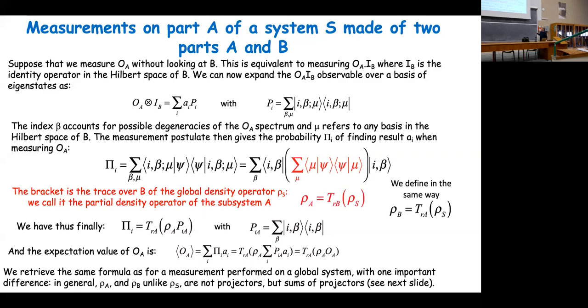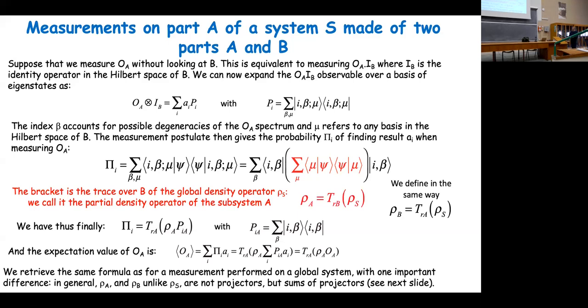And I write this quantity as trace over B of rho S. And you see now that the postulate of measurement says that if you have rho A, which is the trace over B of rho S, then to get the probability Pi, you just trace over A of Pi rho A. So you have exactly the same formula as before, but now it's not a formula which involves the global density operator of A plus B; you can express everything in terms of the density operator of A alone.